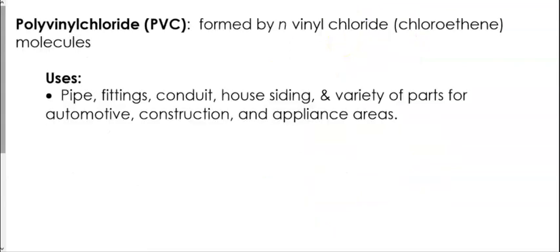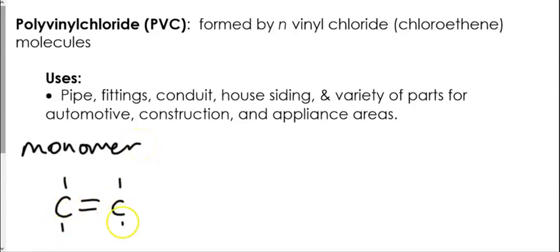Another example is PVC, polyvinyl chloride. This is when we have vinyl chloride or chloroethene. You've heard of PVC: pipes, fittings, house siding, different kinds of things. Really thick, strong plastics. So the monomer is carbon double bond to carbon, hydrogen on all except chlorine.